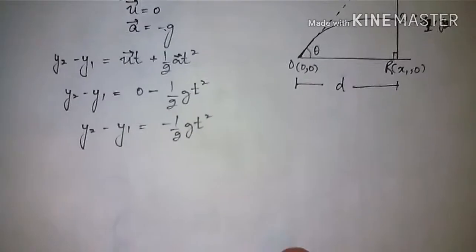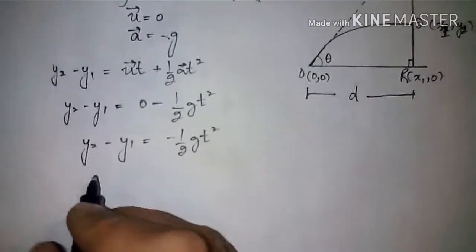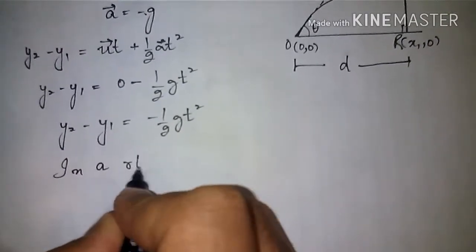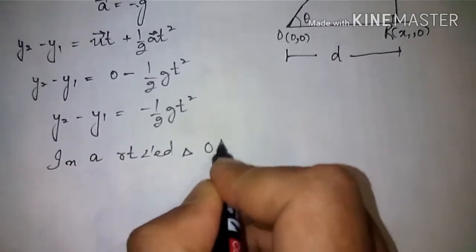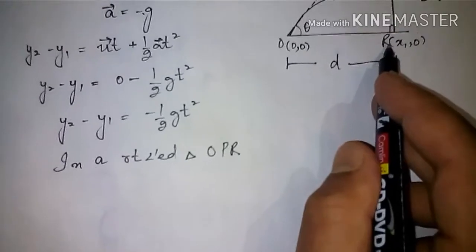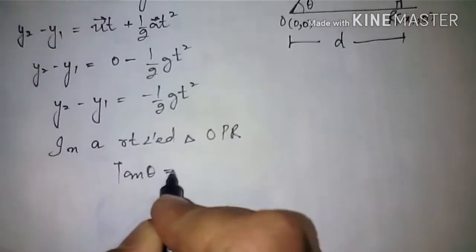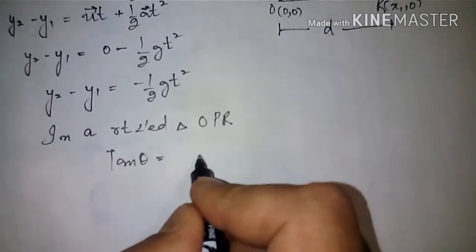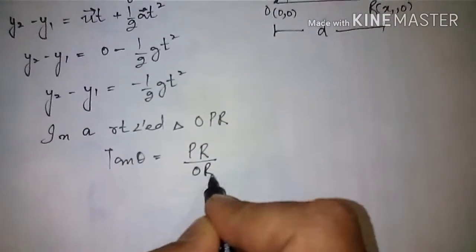Now from a geometric point of view, in the right angled triangle OPR, that is right angled at R, we can write tan theta equals PR perpendicular divided by base OR.